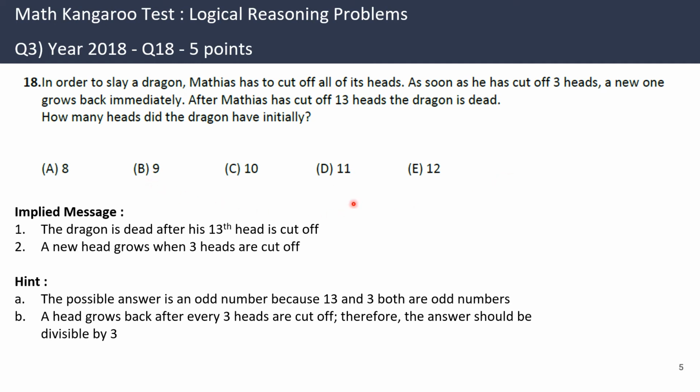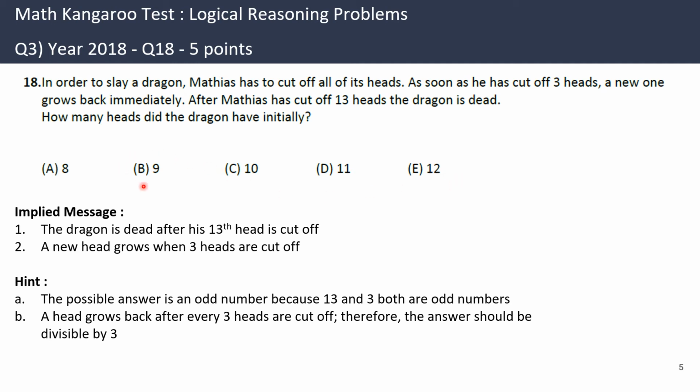Option B and option D both are odd numbers. However, option D is not divisible by 3. That leaves us only with option B. We can't go with option E because even if it's divisible by 3, it is not an odd number.